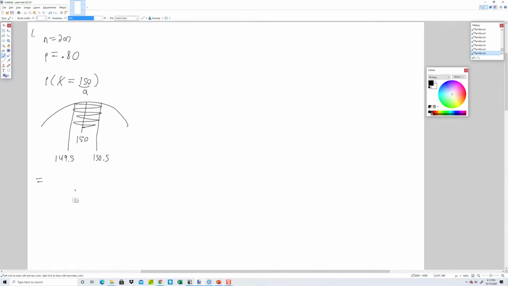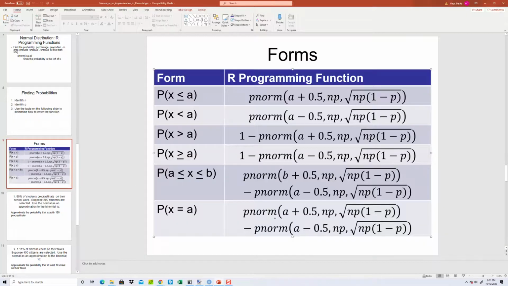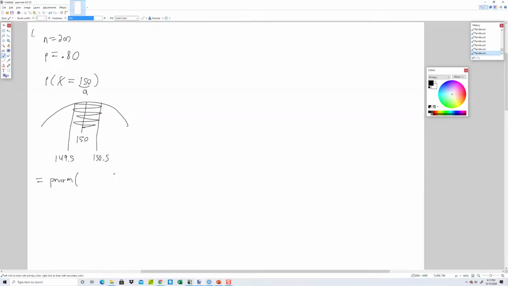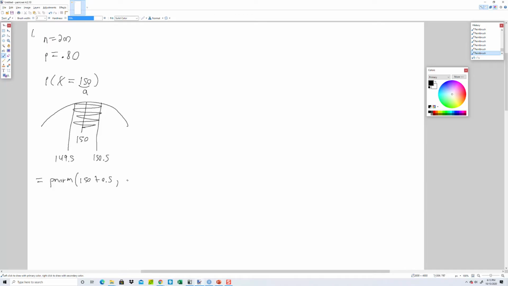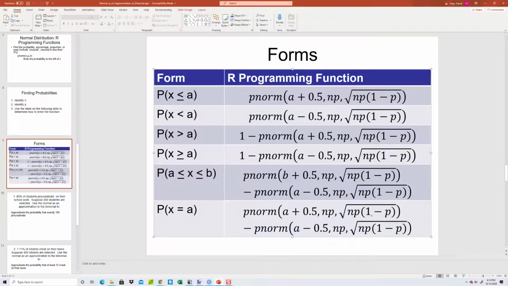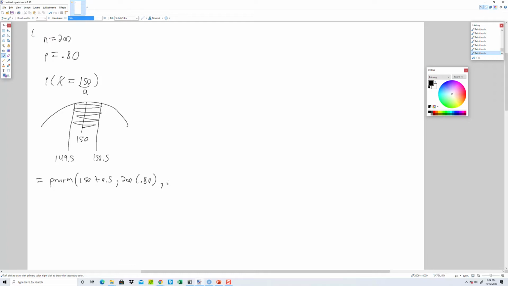That tells us in R we're going to plug it into pnorm a plus 0.5. A is 150 plus 0.5, comma, n times p. So we'll have 200 times 0.8, comma, square root of n times p times 1 minus p. The book shows putting these into separate variables in R, and that'd be fine.